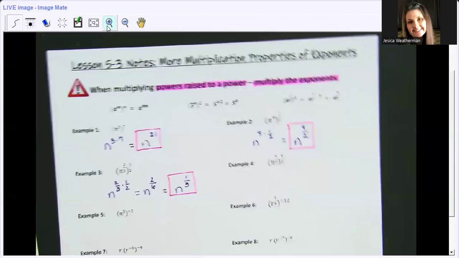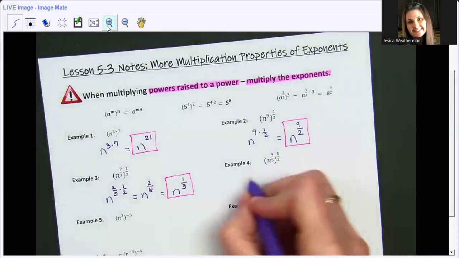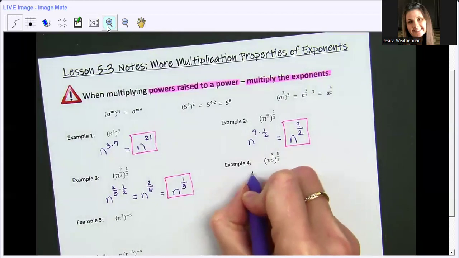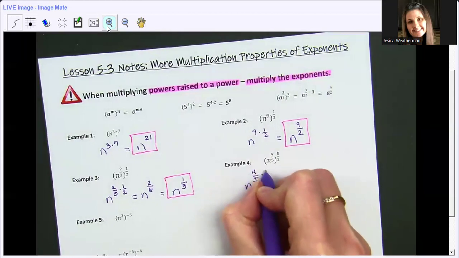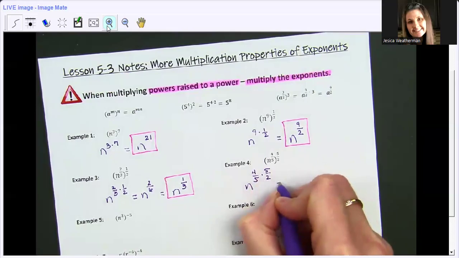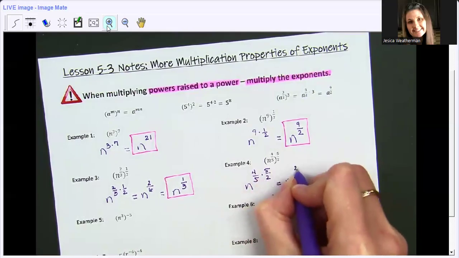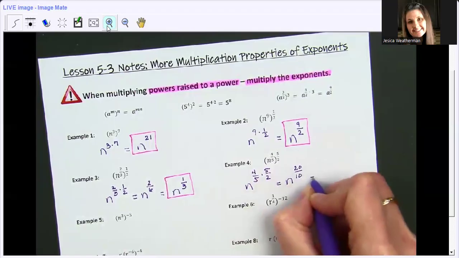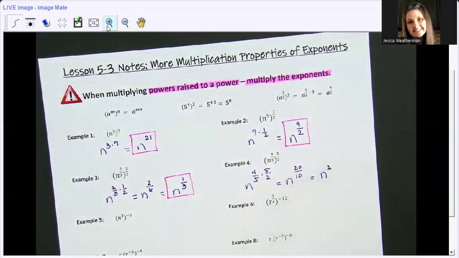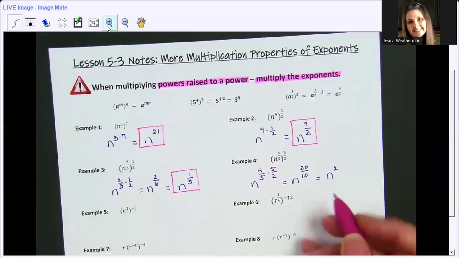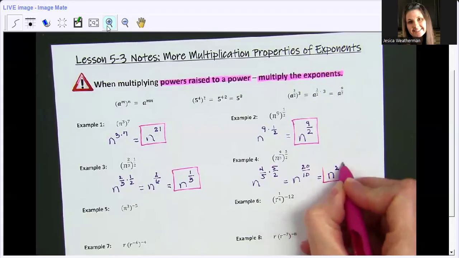Go ahead and do example 4. Do I have any questions on these first 4?